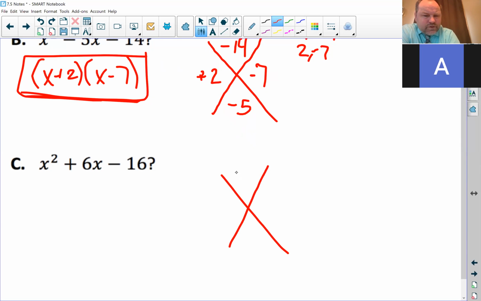Two numbers that multiply to -16, add to +6. So now the larger number is going to be the positive factor, but because it multiplies to a negative, we're still going to have one positive and one negative. So -1 and 16.